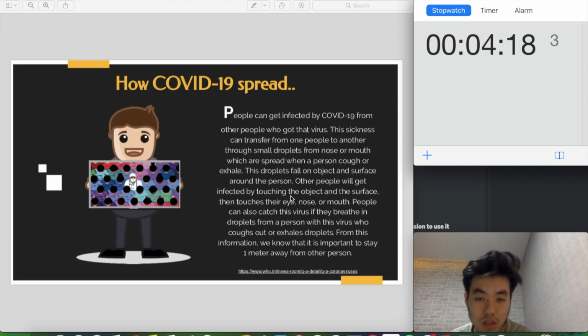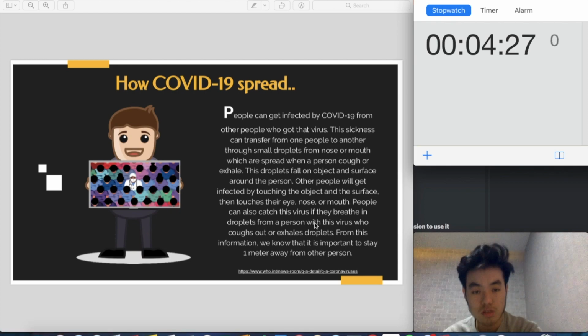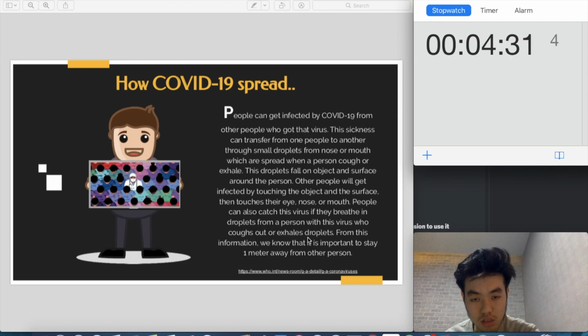Other people will get infected by touching the object or surface, then touching their eyes, nose, or mouth. People can also catch this virus if they breathe in droplets from a person with this virus who coughs or exhales droplets. From this information, we know that it is important to stay 1 meter away from another person.